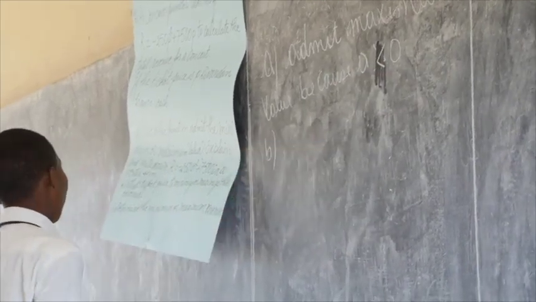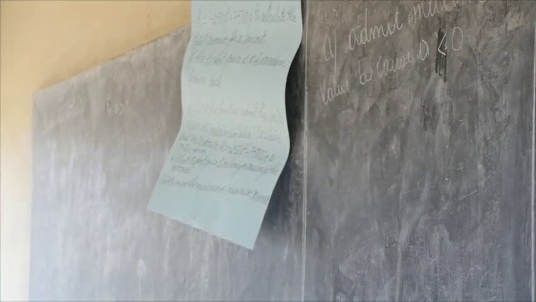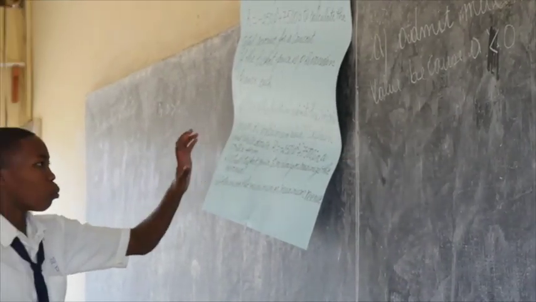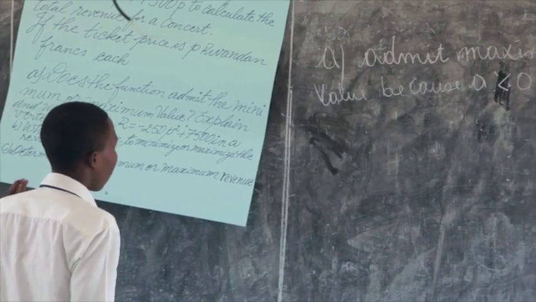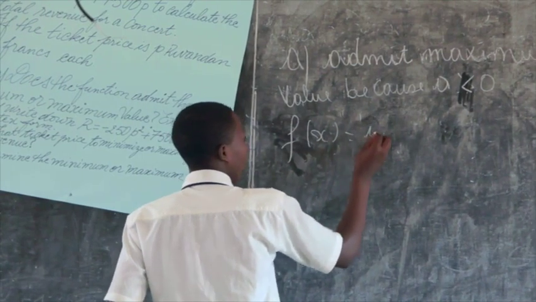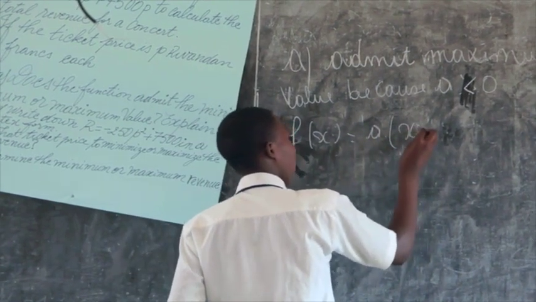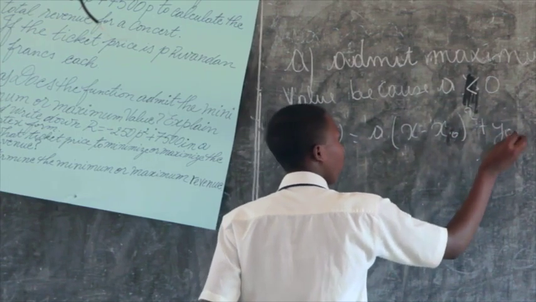Question number B. This question number A, you have some question. Write down R in vertex form. You know vertex form is equal to a factor of x minus x naught squared plus y naught.